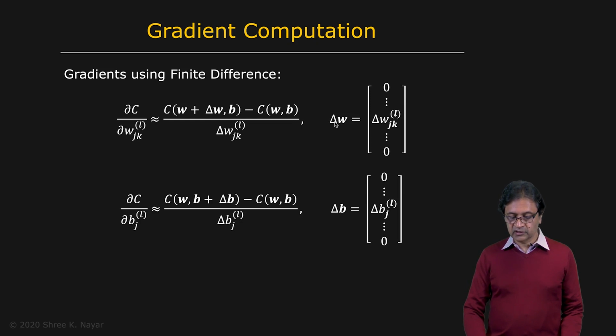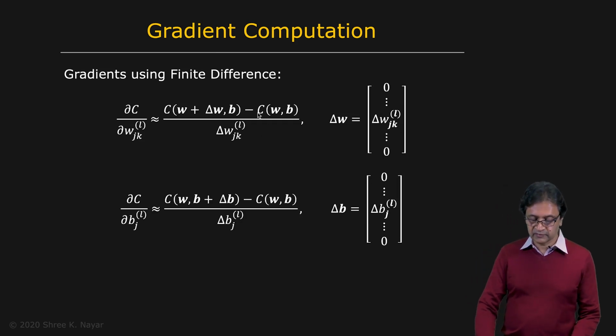What you can do is construct a parameter change vector, which is 0 everywhere except for W_jk^l, that particular parameter. And so you can compute the cost for W plus delta W, b, minus the cost for the current network, which is C(W, b), divided by the amount that you've actually changed the parameter value, which is right here.